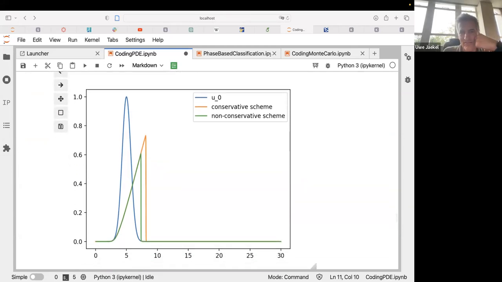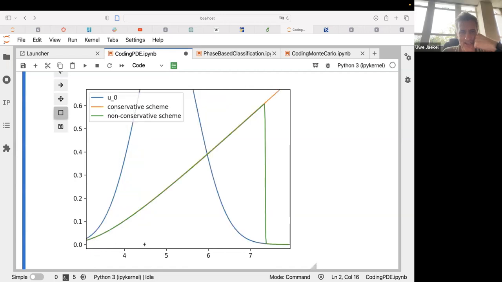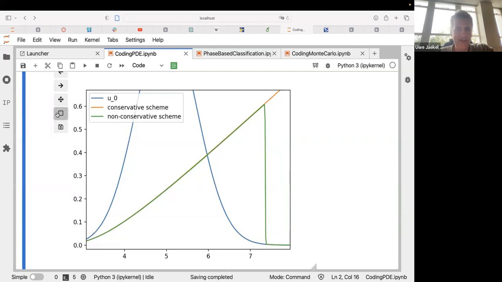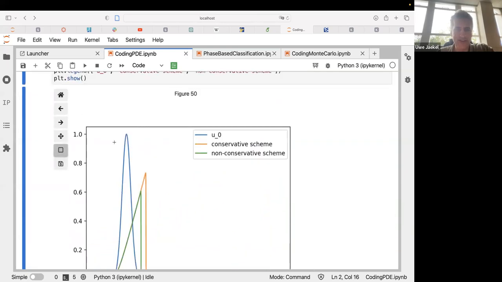Yeah? Our conservative scheme, now the shock front of the conservative scheme begins to propagate much faster, while here it seems to have stalled. So for the non-conservative scheme, for the naive propagation, we see here it stops at around 7 point something, while the shock front in the conservative scheme proceeds.